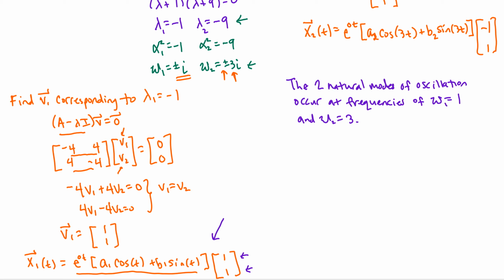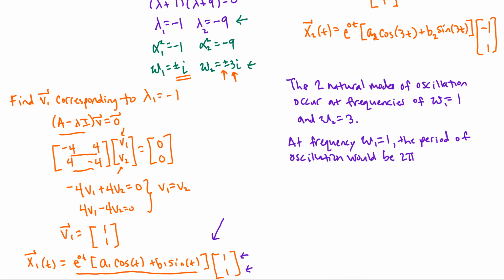And our period there would be 2 pi. So at frequency omega sub 1 equal to 1, the period of oscillation would be 2 pi, and the masses would oscillate in the same direction. That's because we've got the same sign for each term of our first eigenvector.